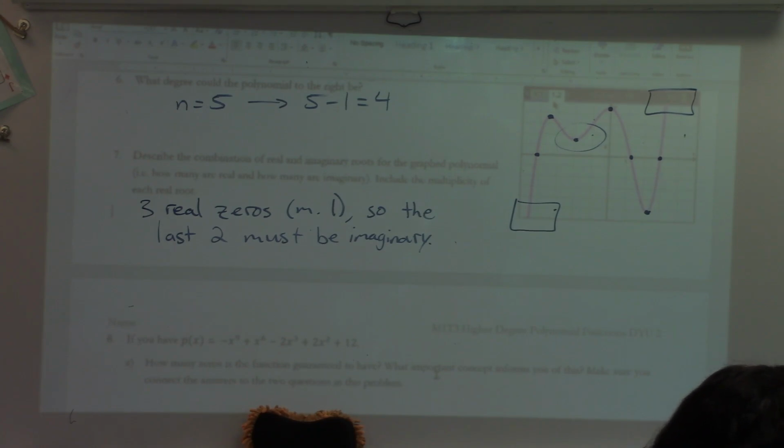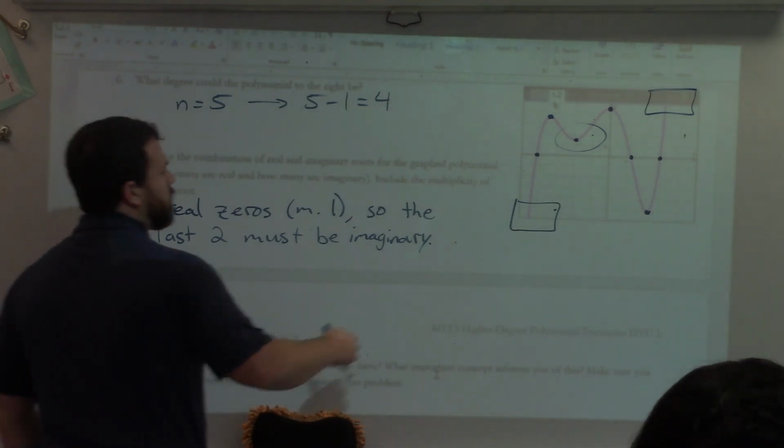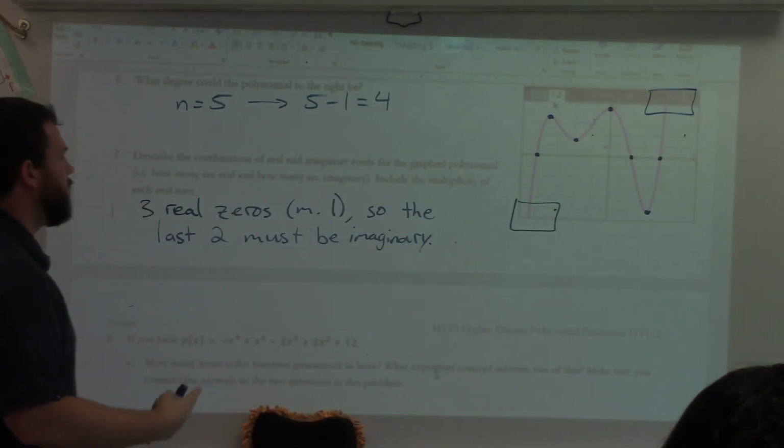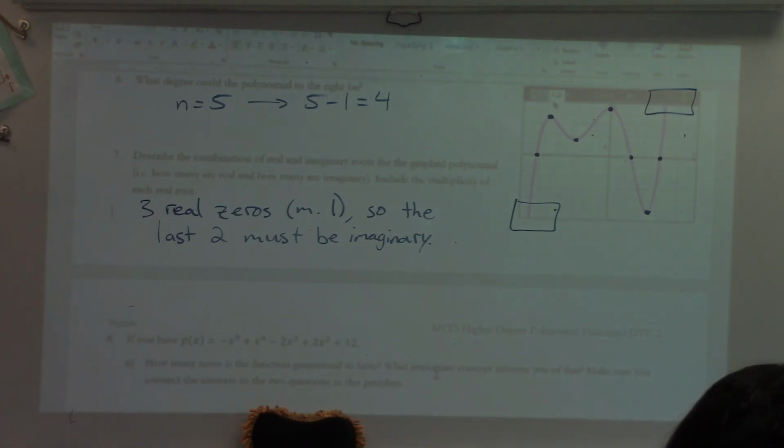That tells us that there's imaginary, but that's not where the imaginary are. The imaginary would be nowhere on this graph. Okay? So, the fact that it's 5th degree tells me there have to be 2 imaginary. Making a note of, hey, imaginary zeros always come in pairs, something like that would have gotten you to that next level of evidence of understanding.